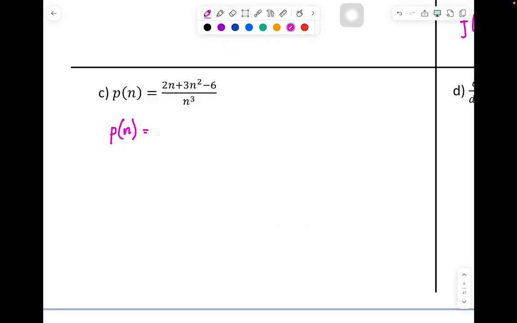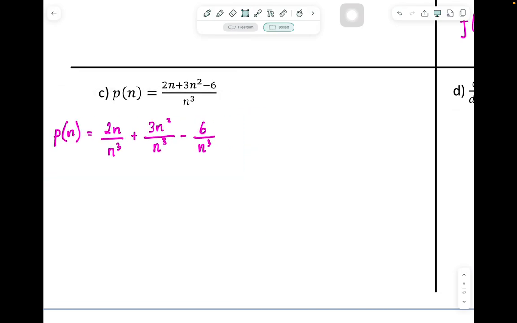We're not going to differentiate just yet. I'm going to break up all the terms and divide by n to the power of 3. And I'm going to simplify.